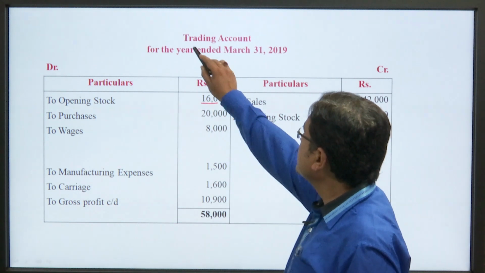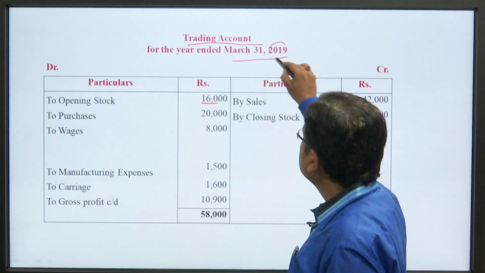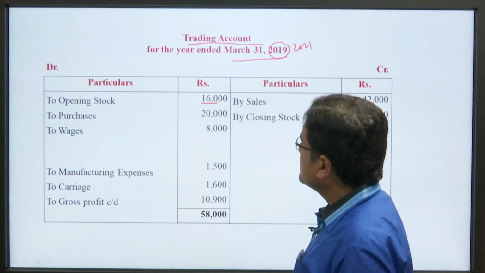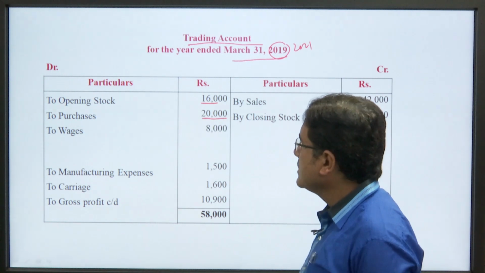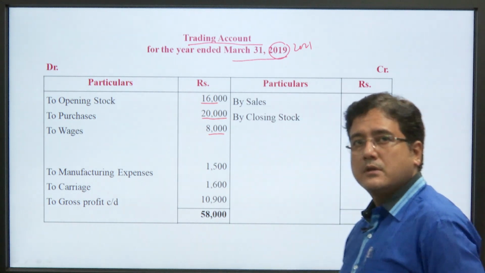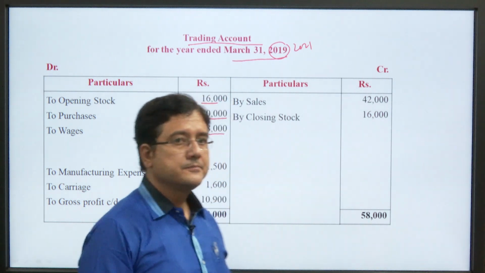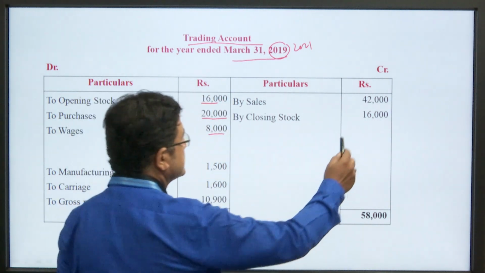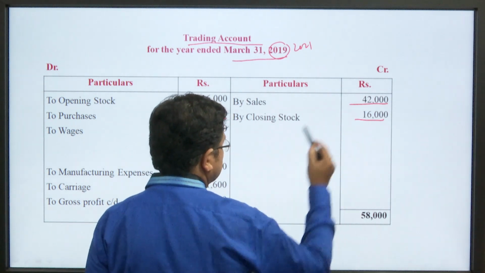Purchase, because it is a trading account, at the end you can also do this one. Purchase 20,000, wages 8,000. In the sales part, in the credit part, we see sales 42,000, closing stock 16,000.